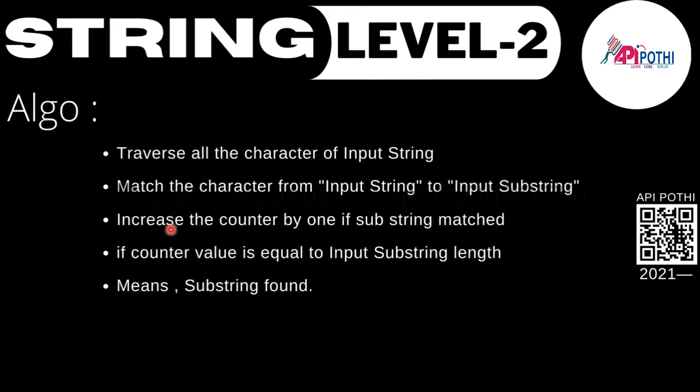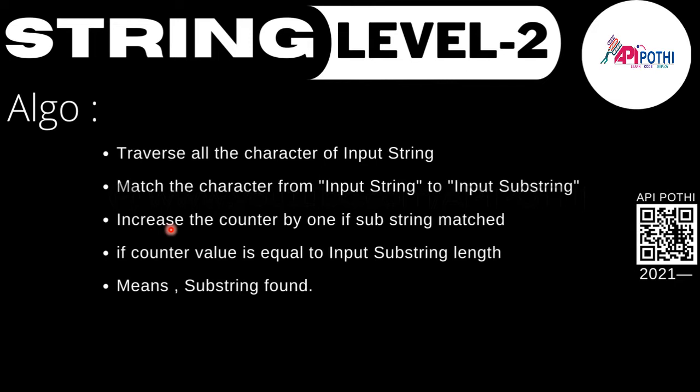So how are we going to achieve this in a programmatic way? First, we will have two strings. One is the input string and one is the input substring, where we are going to find out whether the input substring is a subsequence of the given string or not.